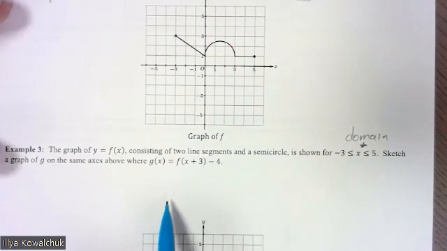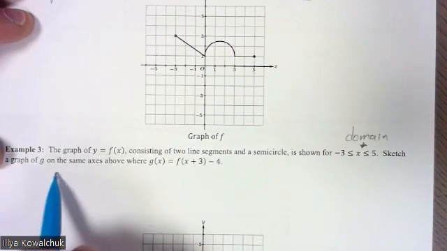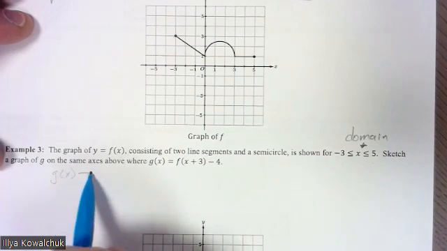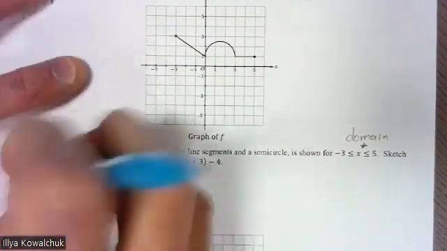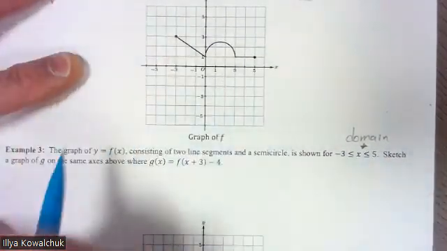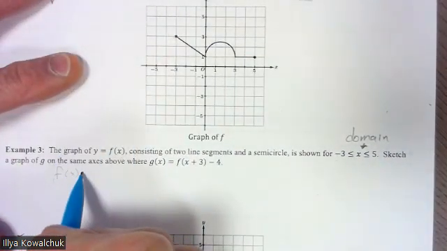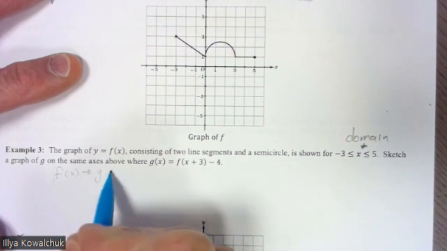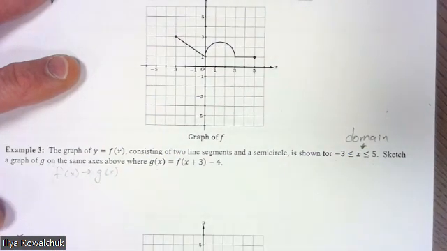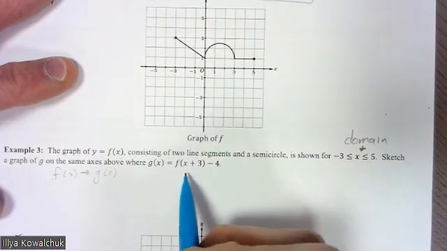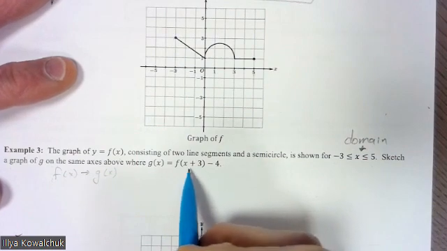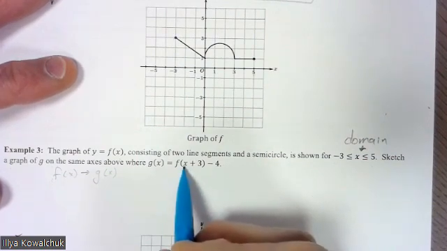and then -4. So again, f of x has been transformed into G of x. Okay. How has it been transformed? Well, inside the parentheses, I have a horizontal shift, right? It affects the x. Anything that's in the parentheses affects the x.